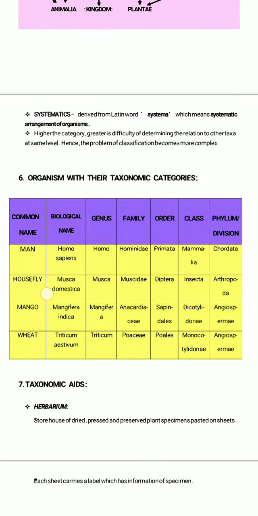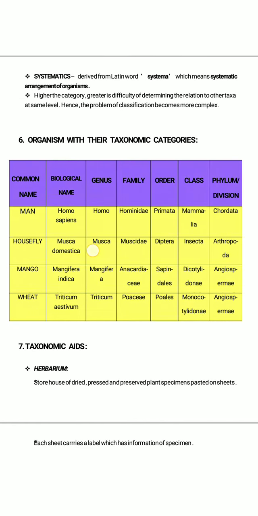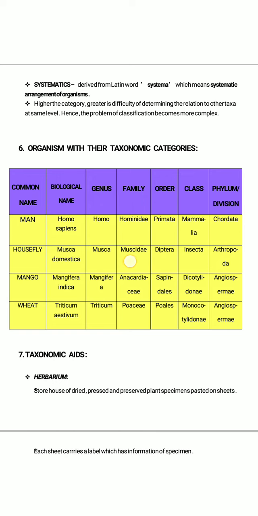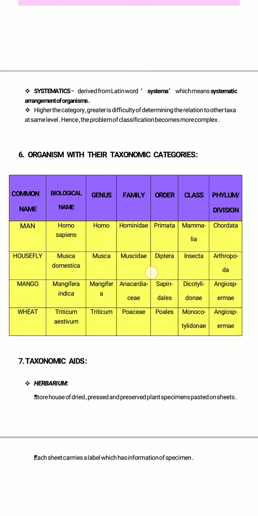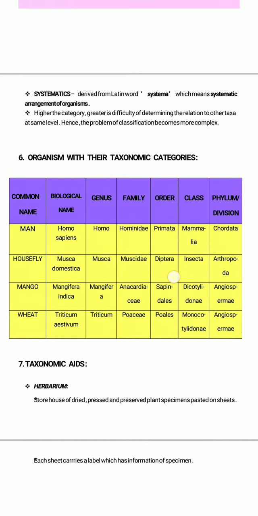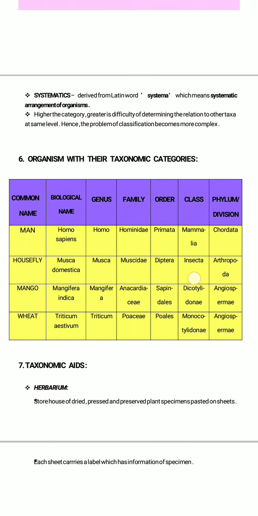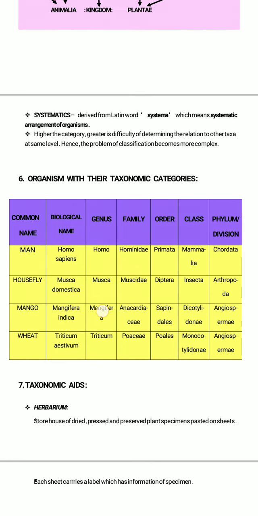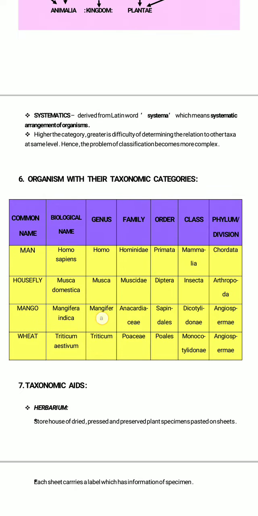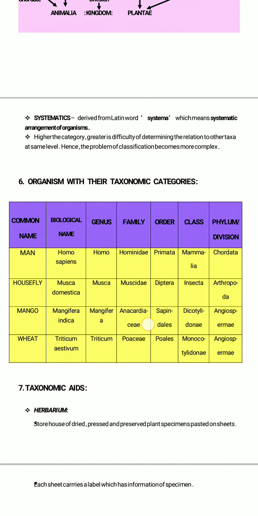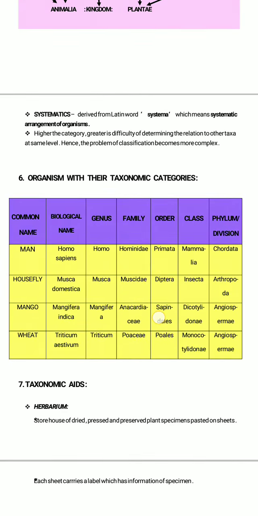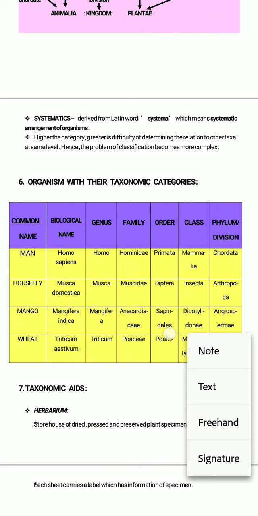Chordata. Then housefly. Housefly is called Musca domestica. Its genus is Musca. Family is Muscidae. Then the order, it comes under the order Diptera, class Insecta, phylum Arthropoda. Then mango. Mango is called Mangifera indica. Genus name is Mangifera, and it comes under the family Anacardiaceae. Then the order Sapindales.